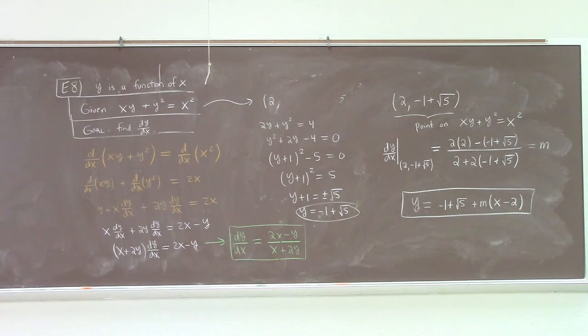Let me do another example. Suppose we have the square root of xy equals the sine of x. Find dy/dx. All right, so here we go. d/dx of the square root of xy is equal to d/dx of the sine of x.